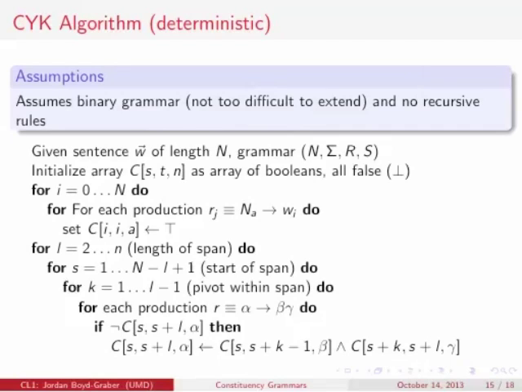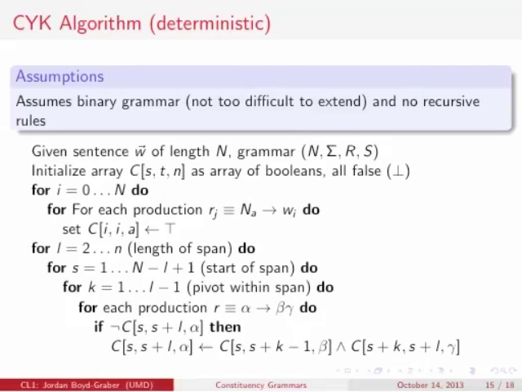So what we do is we first check whether the non-terminal alpha is already associated with this larger span. If it is, our job is done. Otherwise, we then need to see if we can break up this larger span into two subspans. This is the dynamic programming step.